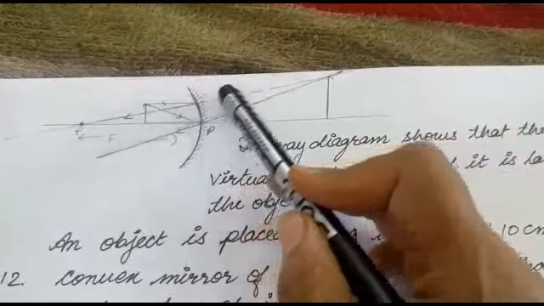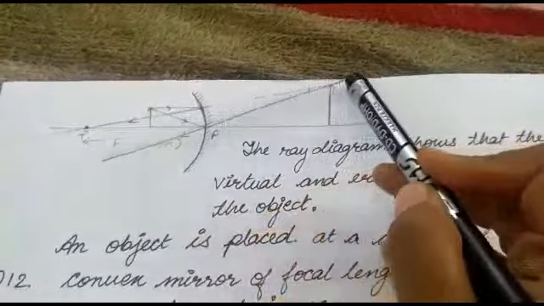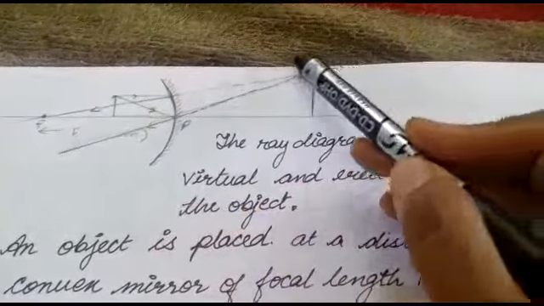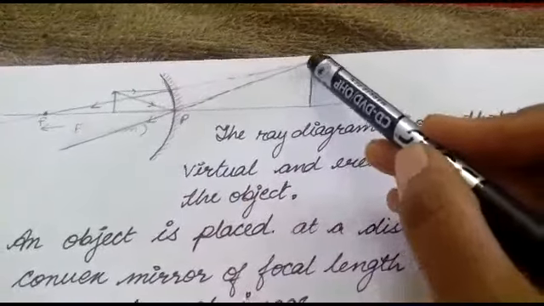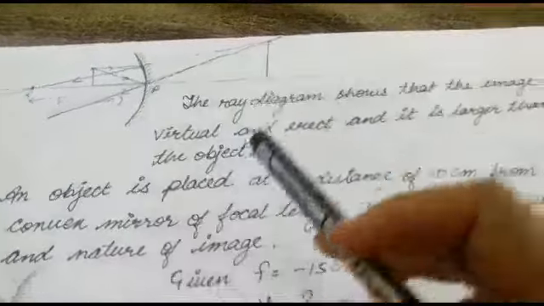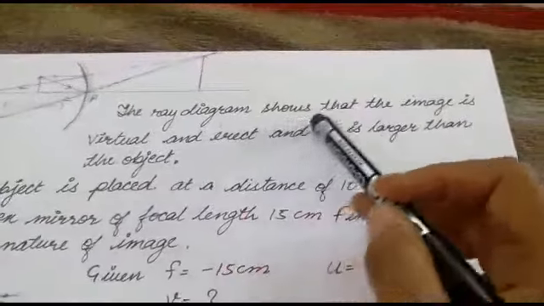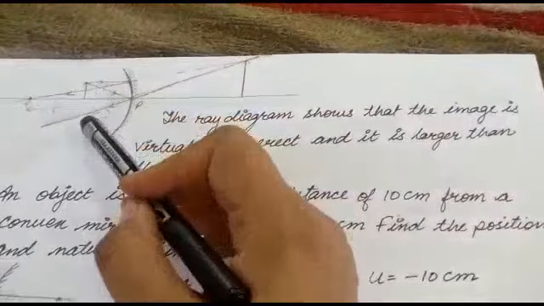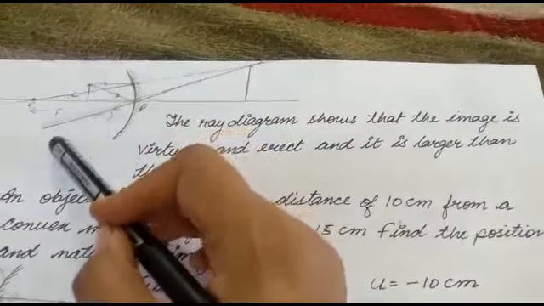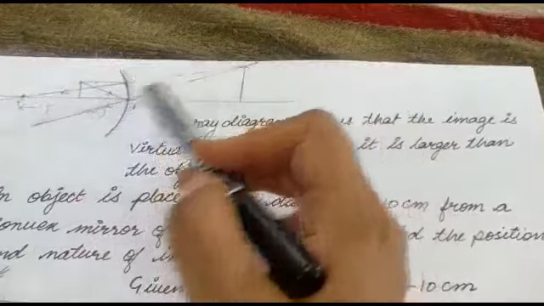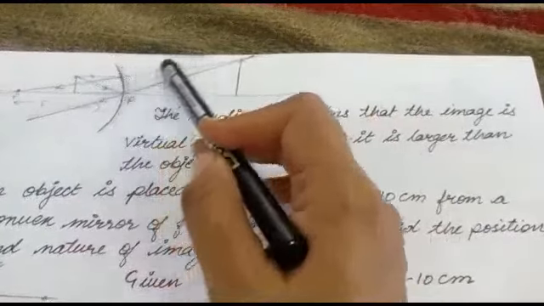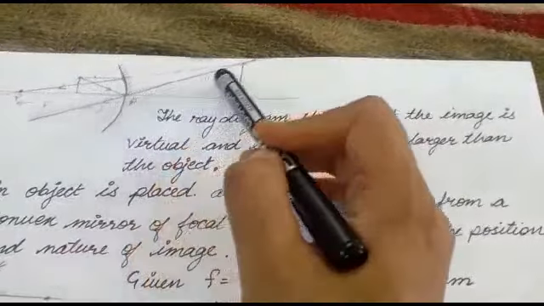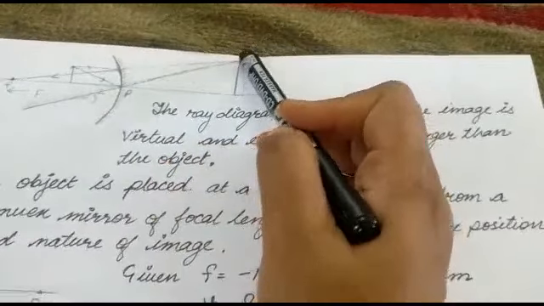When they are imagined to grow back at this point, they are intersecting each other, and in this way a virtual image is formed. So from the ray diagram it shows that the image is virtual because in reality the reflected rays are spread away, and virtually we are just imagining that if we grow these reflected rays back, they merge at one point.